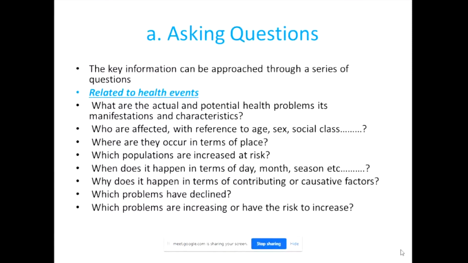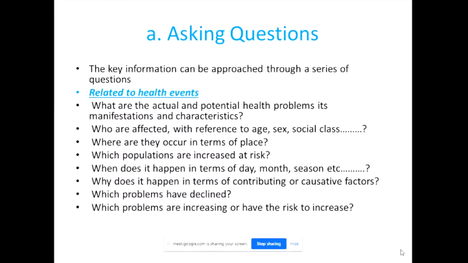If we talk about a health issue, for example dental caries, we have first of all to know what are the manifestations of dental caries, what are the characteristics of it. Second, who is affected with reference to age, gender, social class. Third thing, where do they occur in terms of place, anterior teeth, posterior teeth.